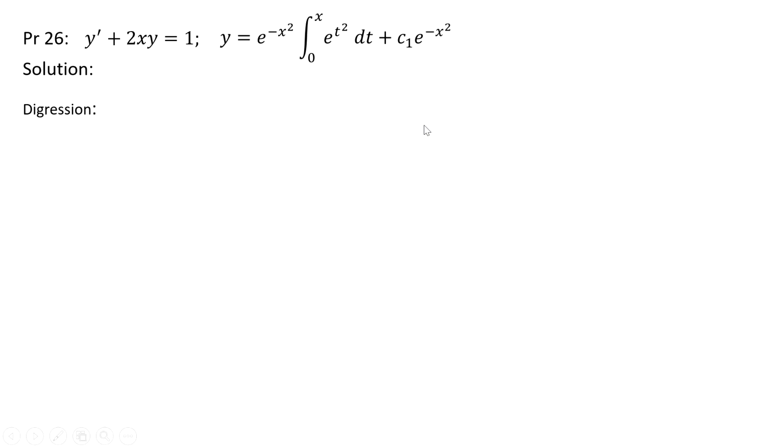But if you recall the fundamental theorem of calculus, it says d/dx of the integral from g of x to h of x of f of t dt is f of h of x times h prime of x minus f of g of x times g prime of x. That's what d/dx of this integral turns out to be.